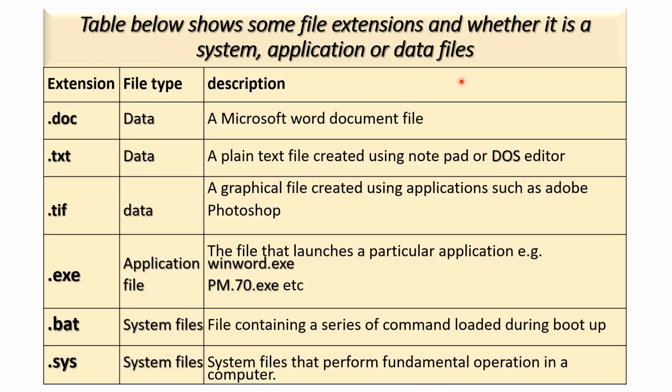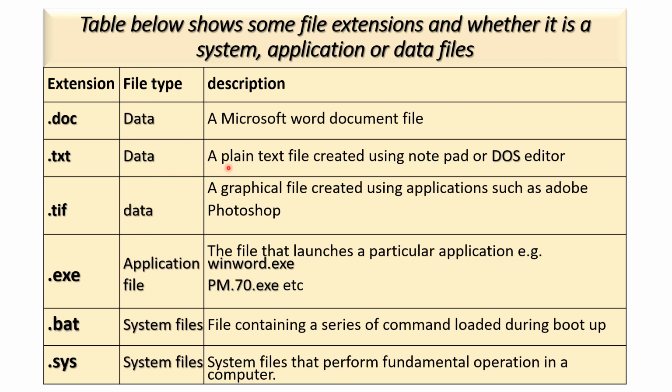So here let's look at the file extensions and whether it is a system, application, or data file. Let's see their categories: the extension, the file type, and description. When you see .doc, that one is a data file. The description is a Microsoft Word document file. When you see .txt, that is also a data file.